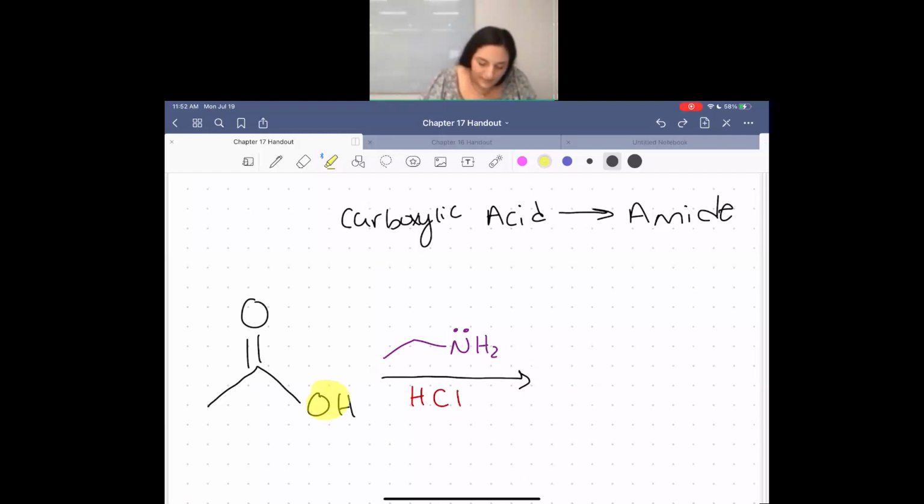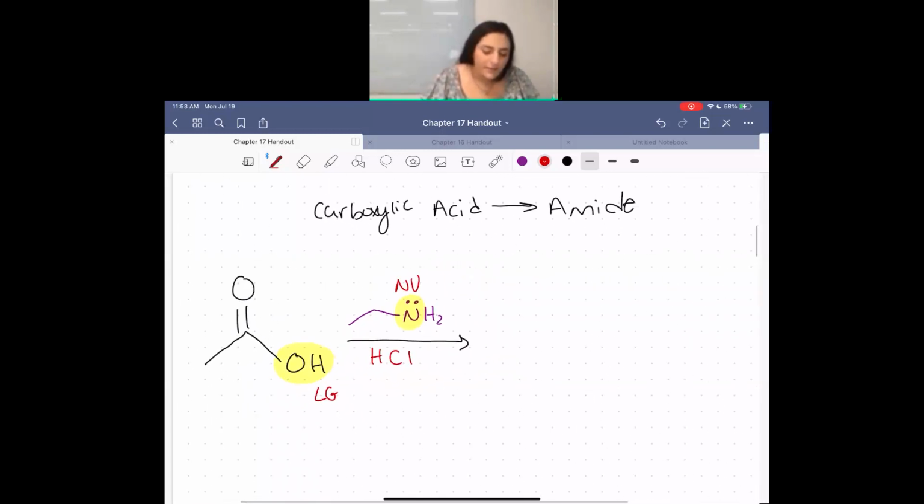So first step, define the leaving group. Second step, define the nucleophile. And now all we do is redraw this part of it because that's not going to change.